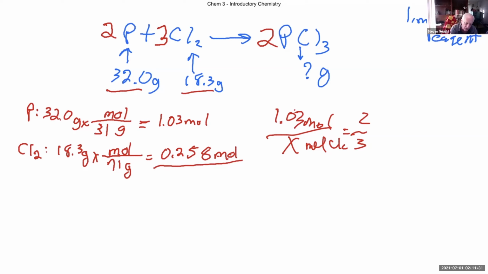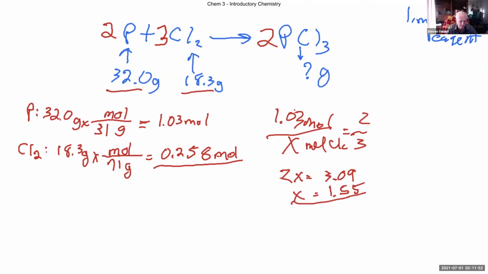So this says 2x equals 3.09. X equals 3.09 divided by 2, which equals 1.55. Okay, so X equals 1.55.